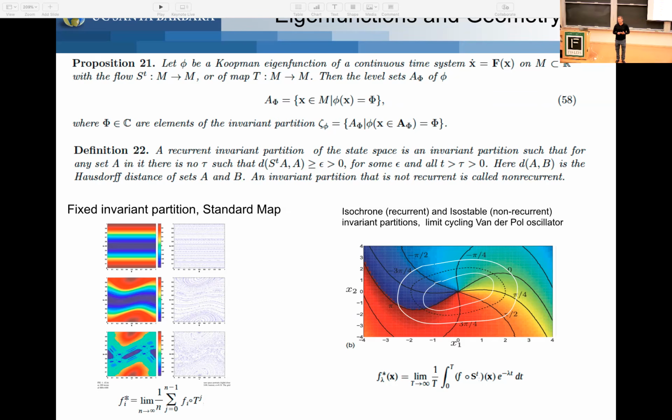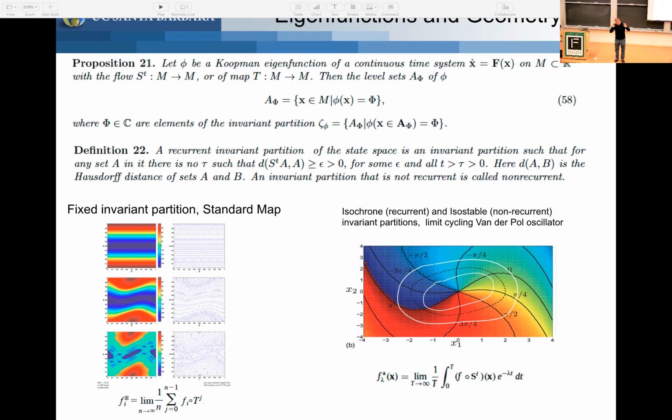So here is the point that I want to make here. Out of the different eigenvalues and associated eigenspaces, you can get objects like invariant sets, isochrones, and a new object that's called isostables. Isostables are the sets that are depicted here in white, and you should think about them as crunching towards the attractor as time goes to infinity, such that they observe the time and linear dynamics close to the attractor correctly.